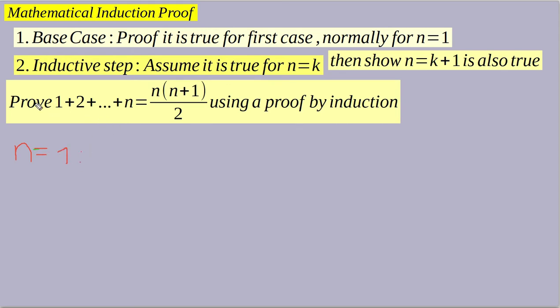When n is equal to 1, we have just 1 here, and this will be equal to 1 into brackets 1 plus 1, divided by 2. And this gives us 2 divided by 2, which is equal to 1. So when n is equal to 1, the statement is true.